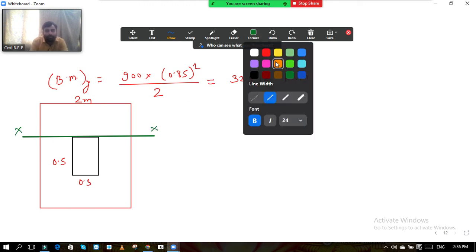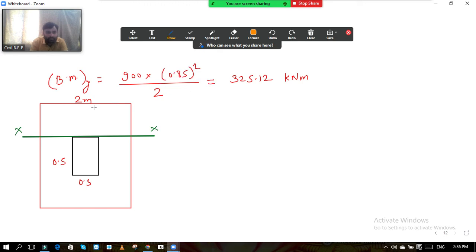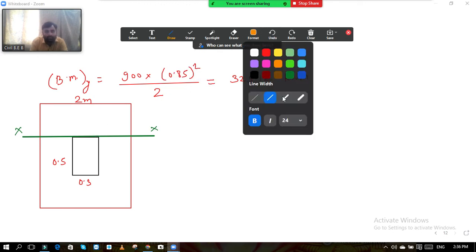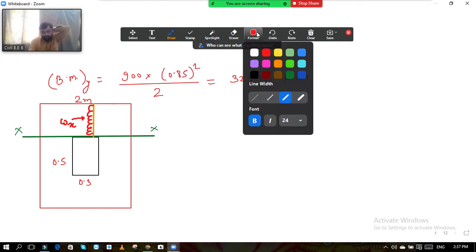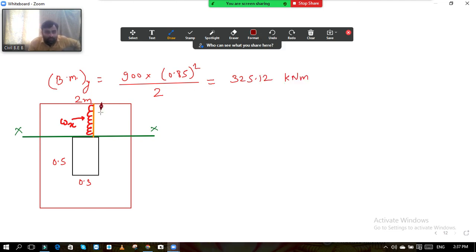Now we want to calculate this span, this length. What is the length? And then after that we will take UDL on this length. This is the UDL, and we call it WX. Now what is this length that we need to calculate?